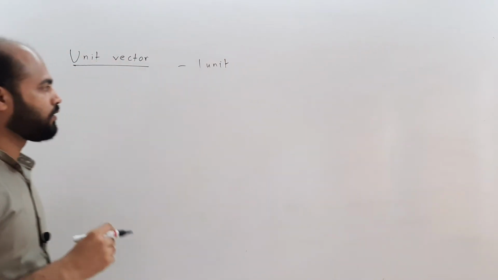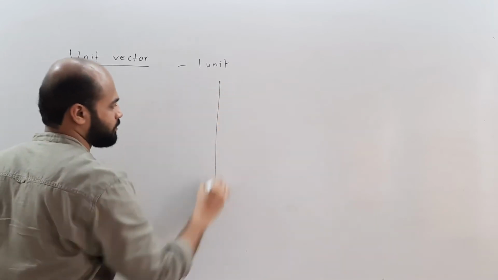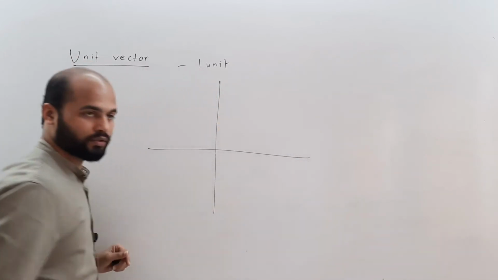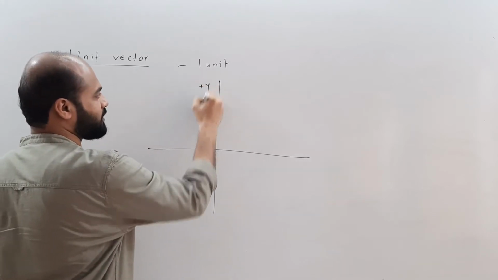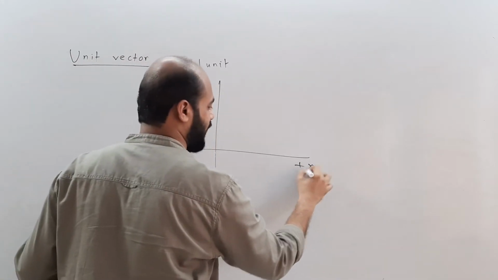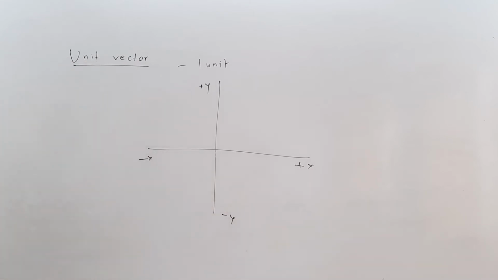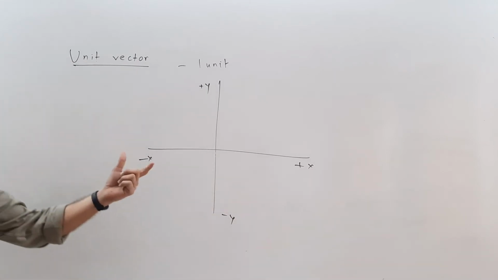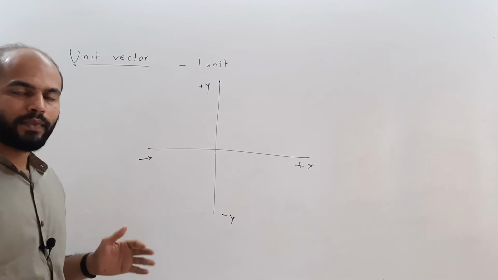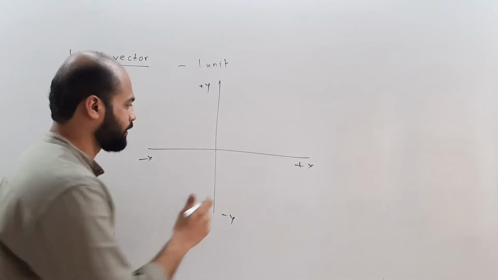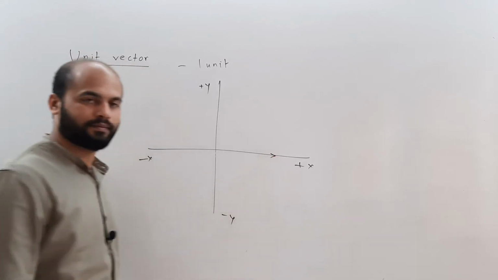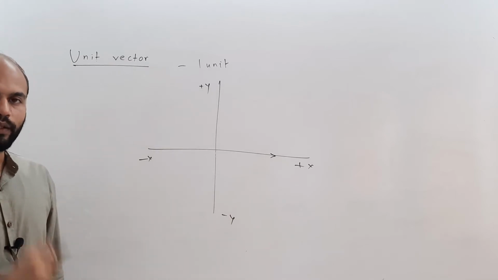So if I say that there is x and y axis that we are talking about, this is positive y axis and this is positive x axis, this is negative x and this is negative y. Now you know that it's a unit vector along x. Let's say we are talking about a vector which is along x and which has unit magnitude.